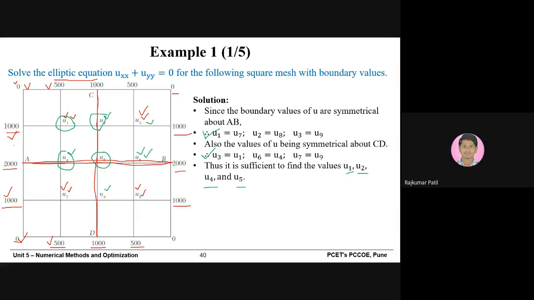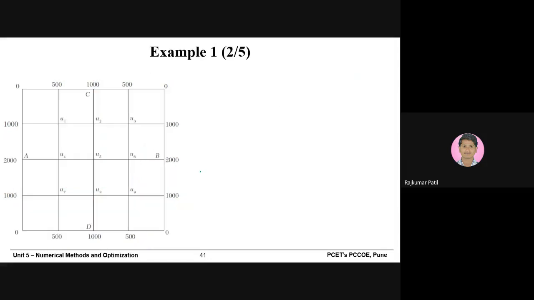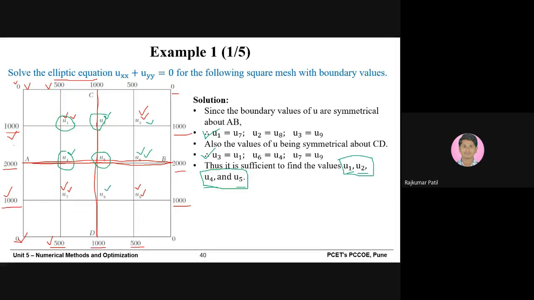If there is symmetry, find out which 2 or 3 or 4 values will have the same values, and based on that decide which values or which iterations you need to do in order to solve this problem in a very quick manner. Now after this we will start solving the problem, and as I mentioned, due to symmetry you need to find only u1, u2, u4 and u5.